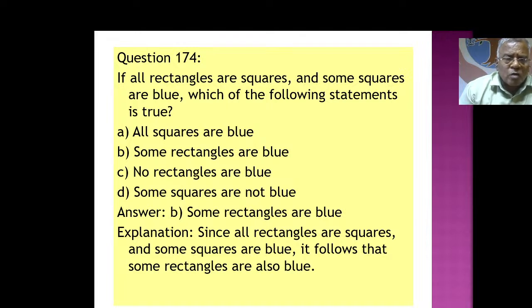Some squares are not blue, we cannot say, because some squares are blue already given. Which statement logically follows here? Some rectangles are blue. Since all rectangles are squares and some squares are blue, it follows that some rectangles are also blue. So that way, option B is the correct one.